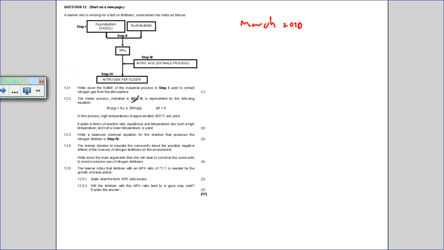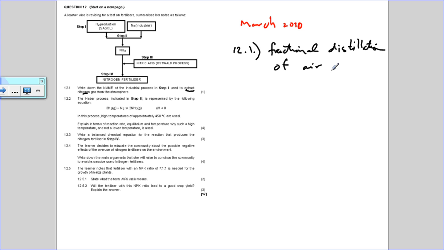Write down the name of the industrial process in step 1 used to extract nitrogen gas from the atmosphere. So the extraction of nitrogen gas, 12.1, takes place by the fractional distillation of liquid A. How does A become a liquid?